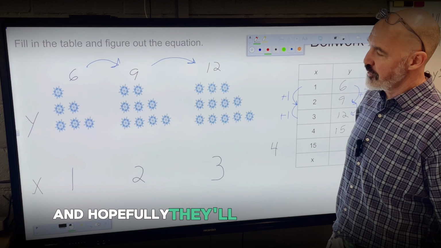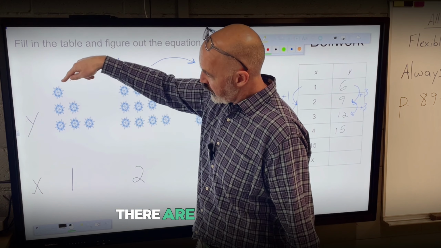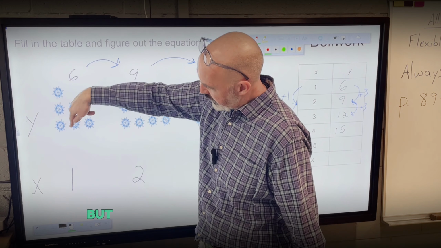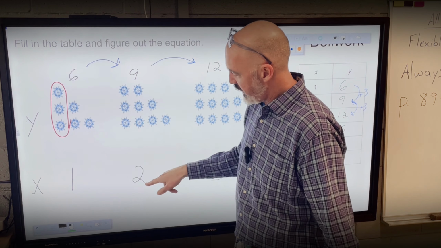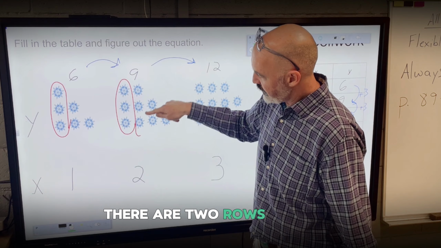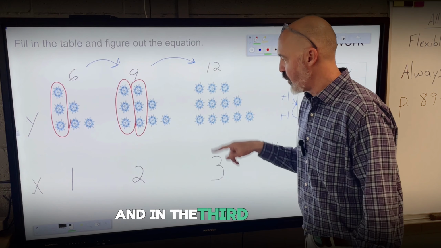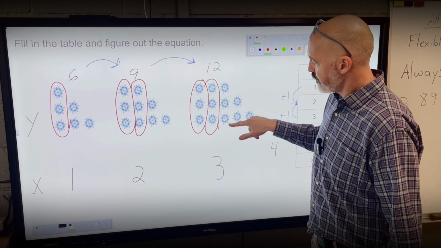And hopefully they'll say something like, well, in the first iteration, there are 6 total pieces, but there's one row of 3. In the second iteration, there are 2 rows of 3. And in the third iteration, there are 3 rows of 3.